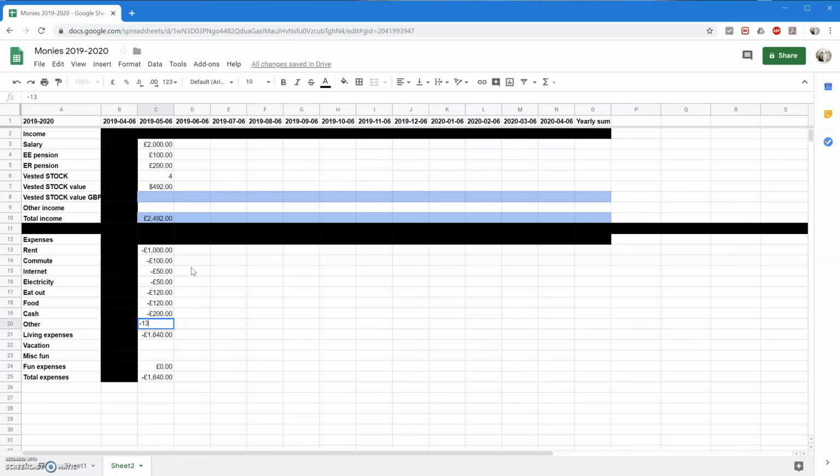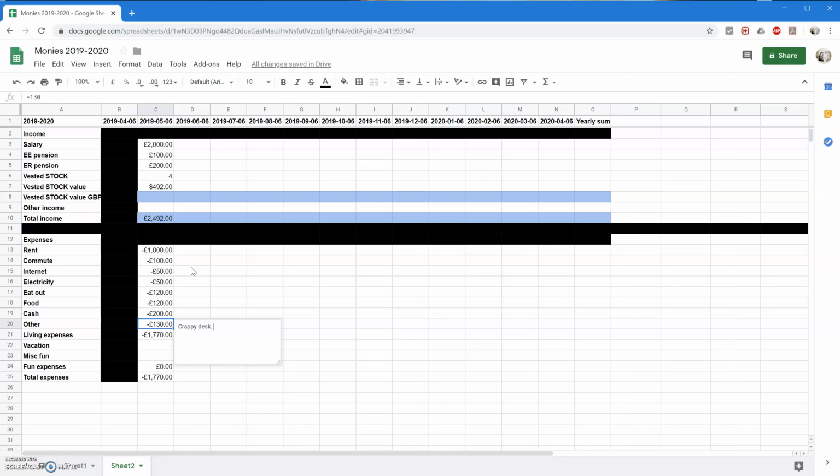For other, Shift F2 brings up a note, which I prefer to comments because comments need to be resolved, whereas notes can just be there. So other, maybe I bought some crappy desk, and what else?